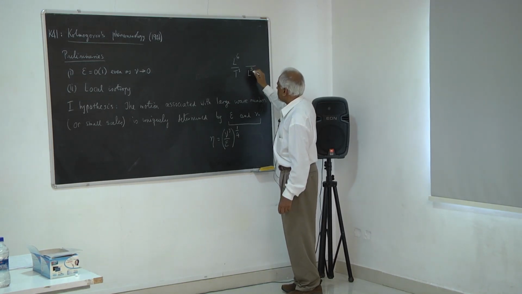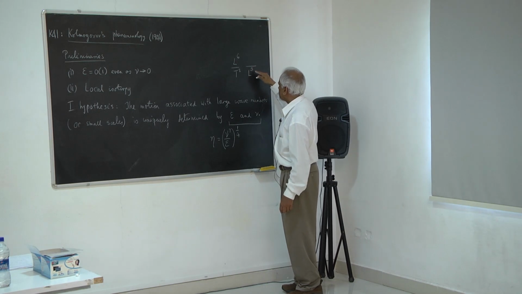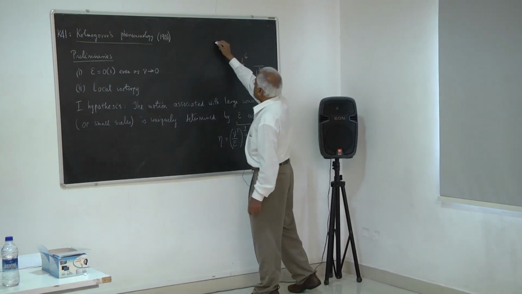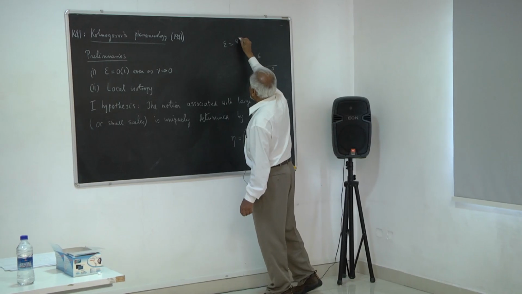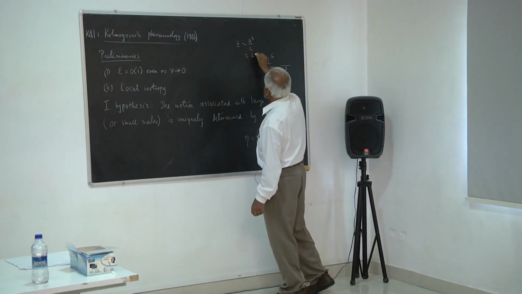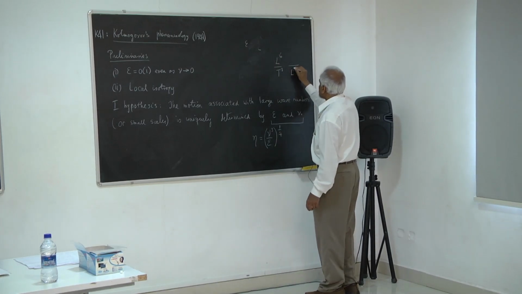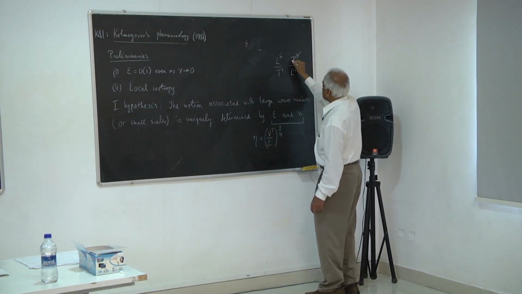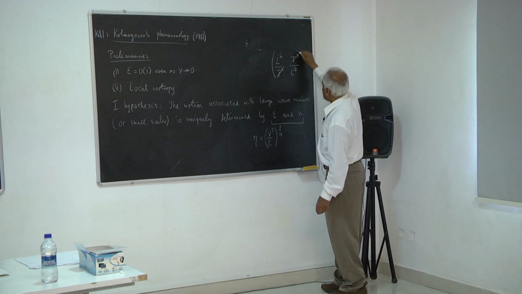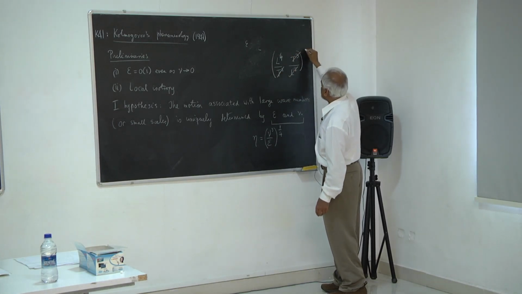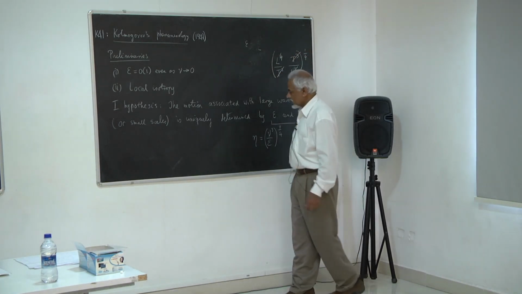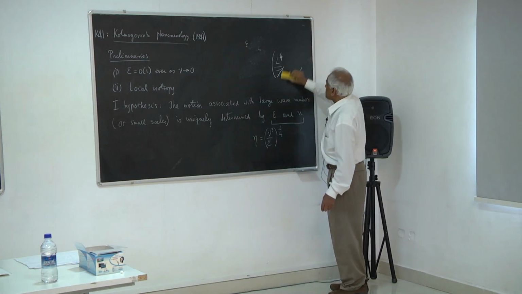Epsilon is U cube by L, therefore its dimensions are L squared over T cube. T cube cancels, I have L to the power 4 here, and a quarter power of that is an L. So that's the length scale.